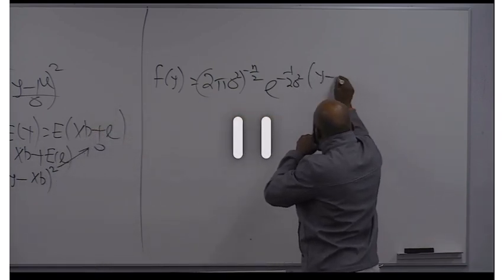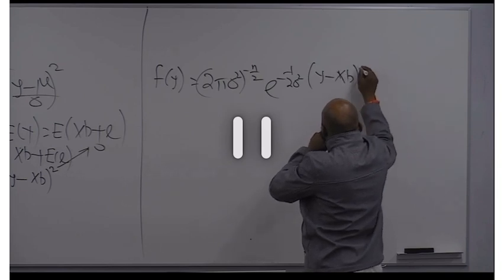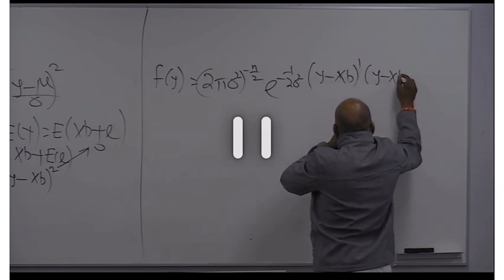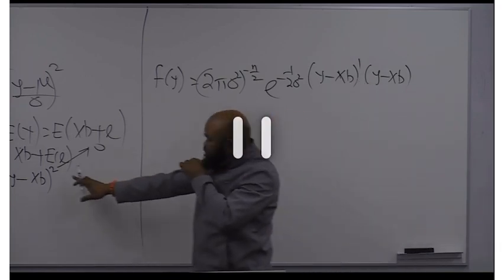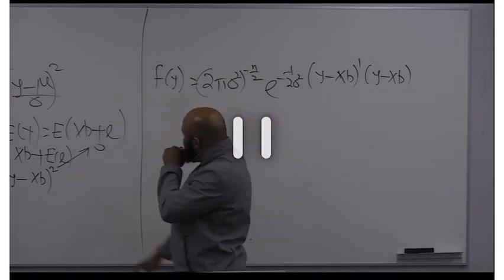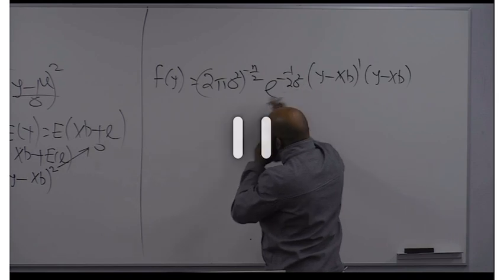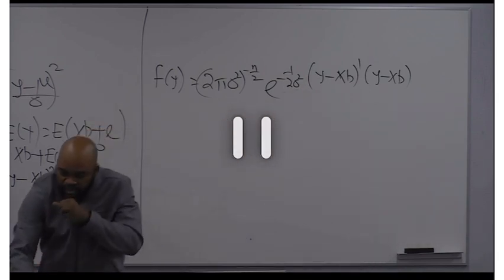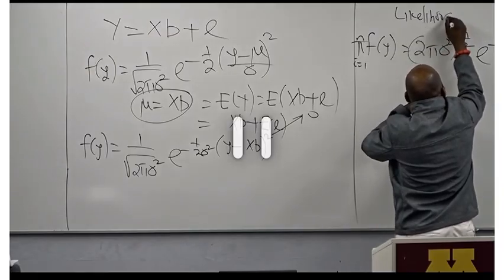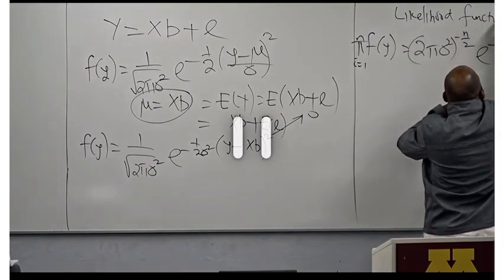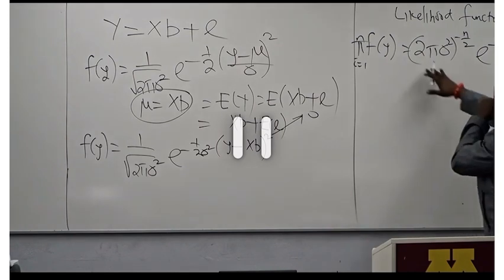That is exactly what I'm going to walk you back into, because that is very, very crucial. If you take a look at this now, what you have here is a likelihood function.